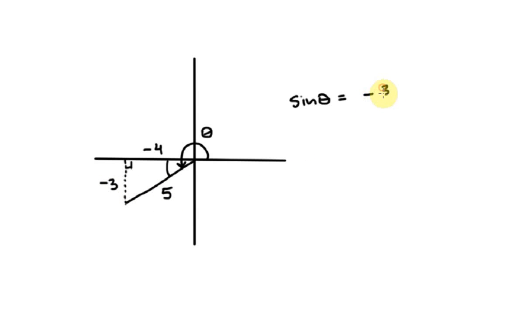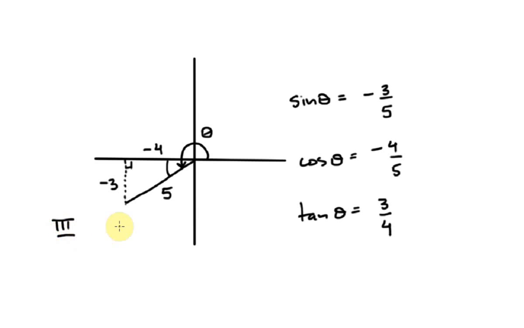The cosine of theta is going to be negative 4 over 5, so it is also negative. And it is the tangent this time that is going to be negative 3 over negative 4, which turns it into a positive 3/4. So in quadrant 3, only the tangent was positive, right? The other 2 have gone negative.